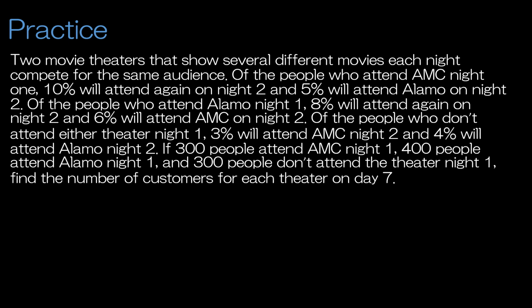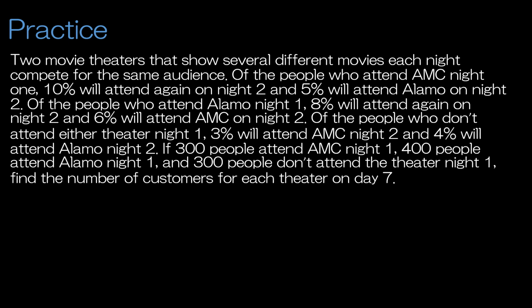So again, the first thing we have to do is take a look at the fact that we have 3 different options. We have AMC, we have Alamo, and we have people who didn't go to the theater. So of the people who attended AMC night 1, 10% will attend again on night 2, and 5% will go to Alamo, which means anybody else, and that's what's not given in this, if there's 10% going back to AMC and 5% going to Alamo, that's 85% of people aren't going to the movies 2 nights in a row.